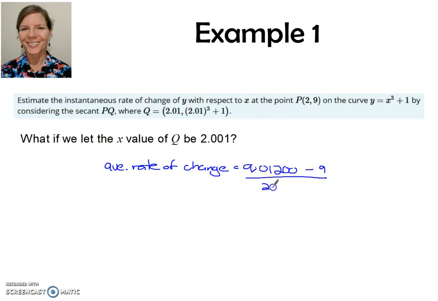Now we're dividing by 2.001 take 2. And if you work that out, you end up with 12.006. So you can see it's approaching 12 as we're doing this. And of course, the smaller that interval becomes, the closer we imagine it will get to 12, but it's never actually quite going to get there.